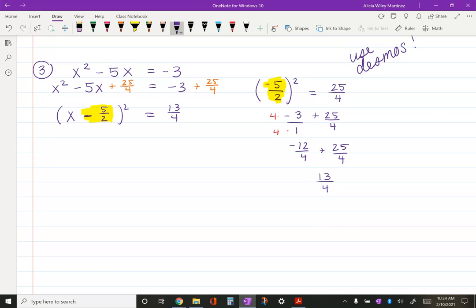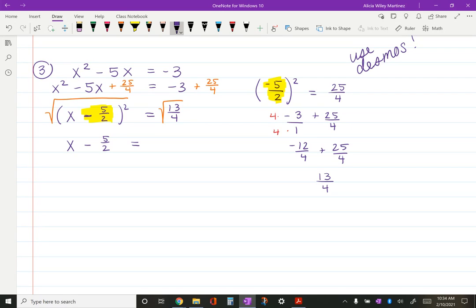13 over 4. All right, so you can see how that odd number for b makes it a little bit more challenging to do completing the square, but it still works, okay? Completing the square can be used to solve any quadratic, which is one thing that's nice about it, but they can get tricky and messy with all the fractions, but that doesn't mean they're not doable. So square rooting both sides to get rid of the squared is going to leave me with x minus 5 over 2 equals, all right, square rooting 13 over 4.